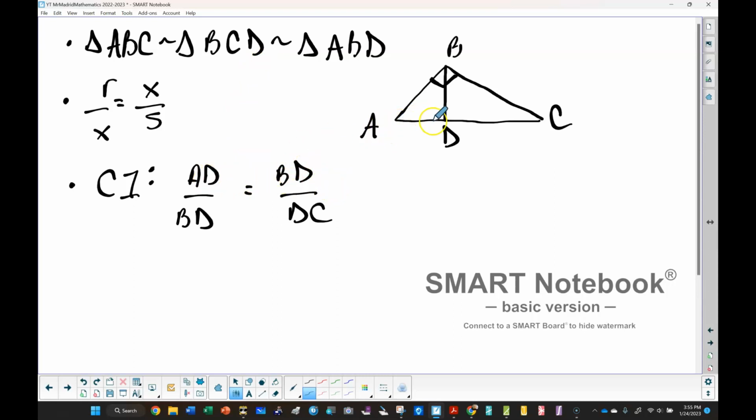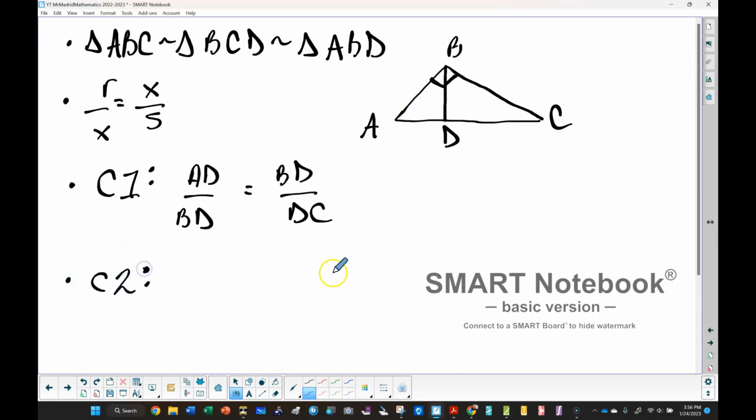We can say that AD and DC have a special relationship through BD, this altitude serving as a geometric mean. All this will apply all the time as long as you start off with a right triangle. So that's corollary 1.